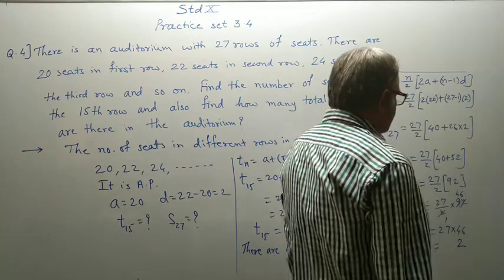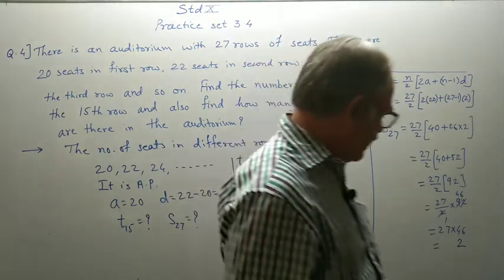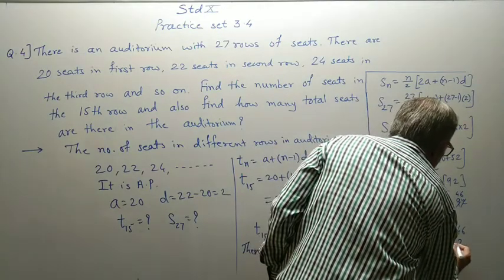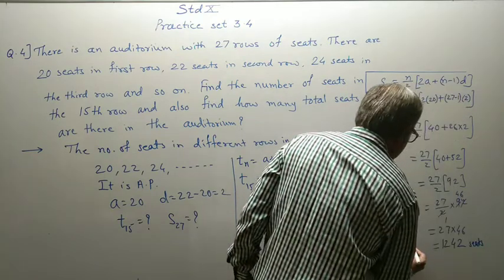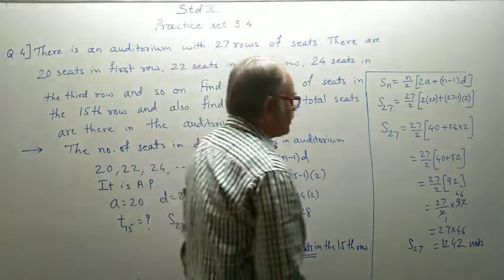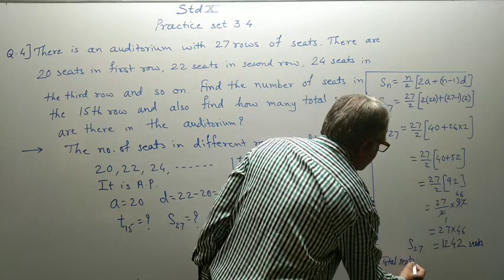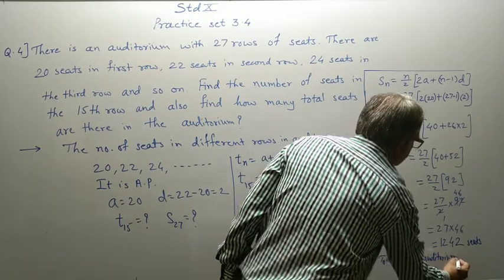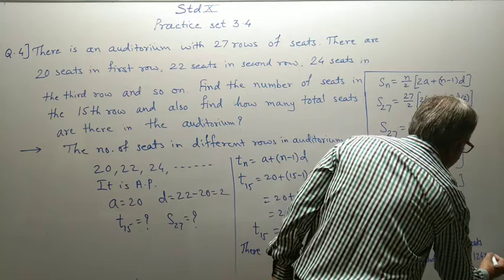And 27 4s is 108. 108 and 16, 124. 1242 seats. And that we have to write in words. What is this S27? Total seats in auditorium. Total seats in auditorium are 1242 seats.